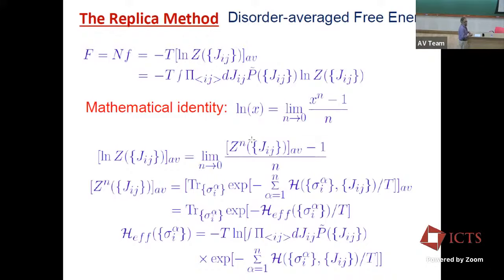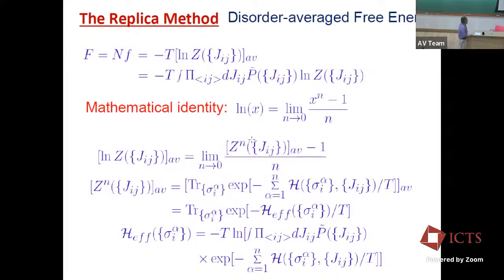And each of them will give you an average for that particular Jijs. Right? So if I had, let's say, sigma I alpha, sigma j alpha, there is a sum over alpha. So when the alpha here matches the alpha that I have put outside, only that comes into the picture. The others, when you do the trace, will be just a free trace, which will give you the partition function.